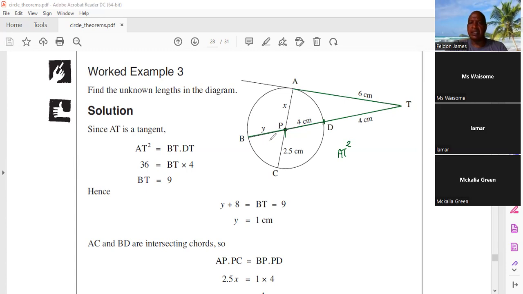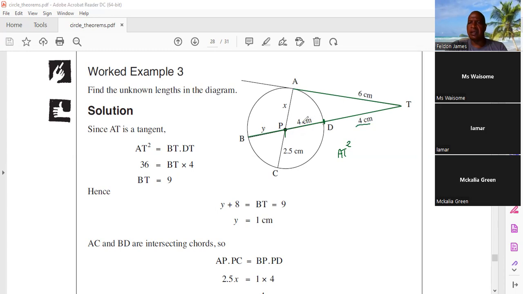Anyway, it would mean that from D to B, what would that then be? I think this 4, I'm not sure exactly what this 4 is.